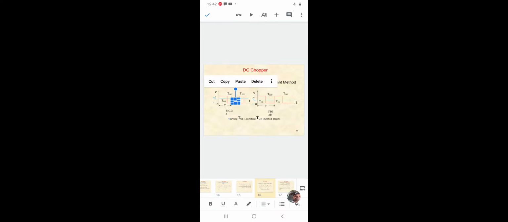Here the off time period is increasing, and here it is decreasing. That is the difference between the on time period and off time period, but here the on time period is maintained constant.